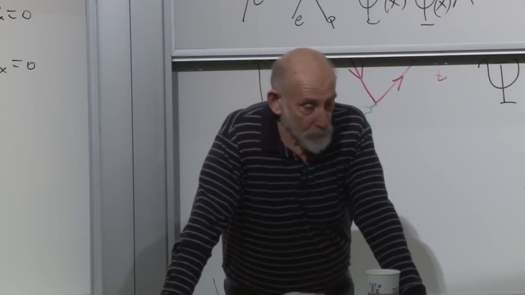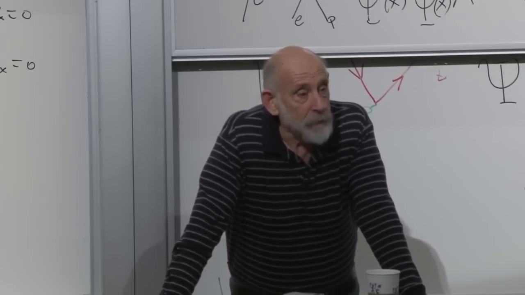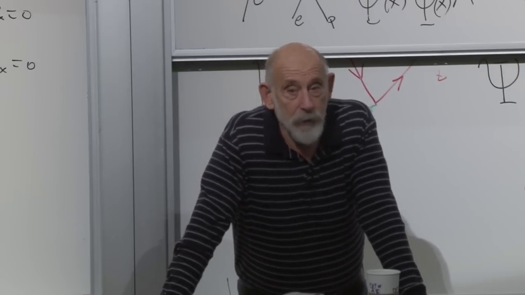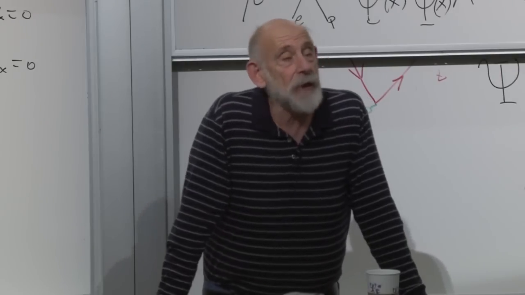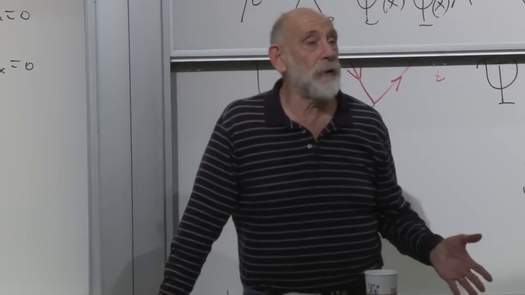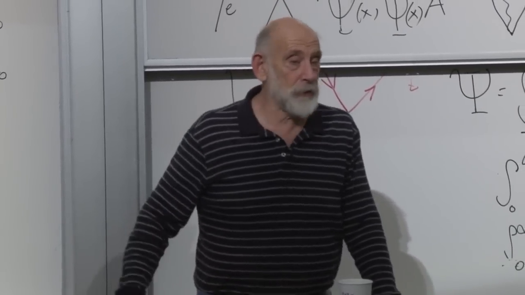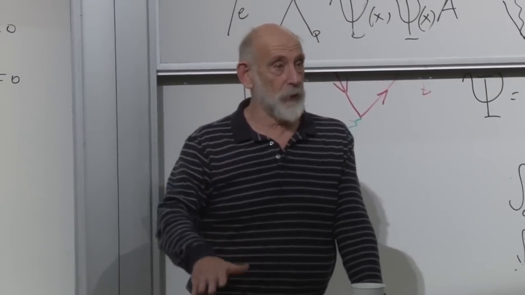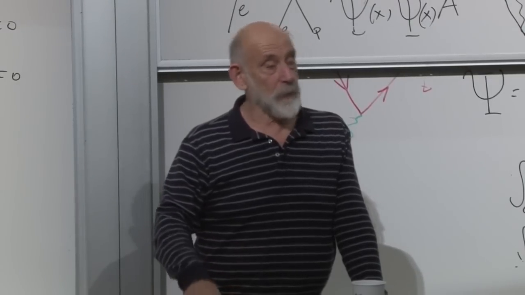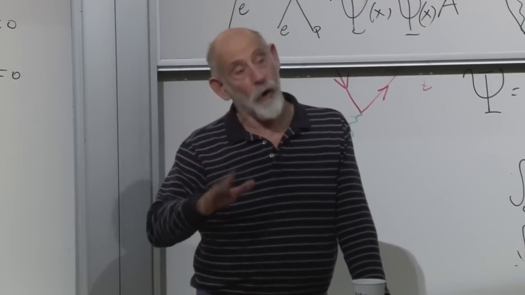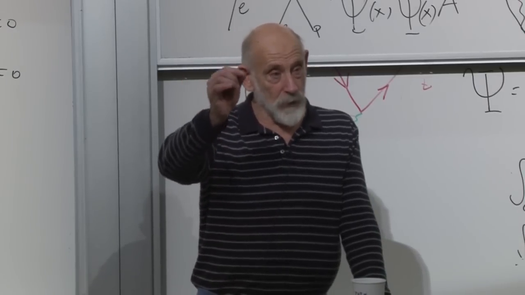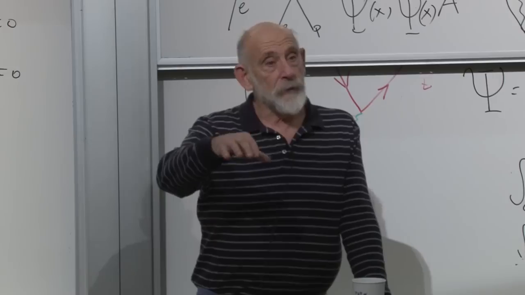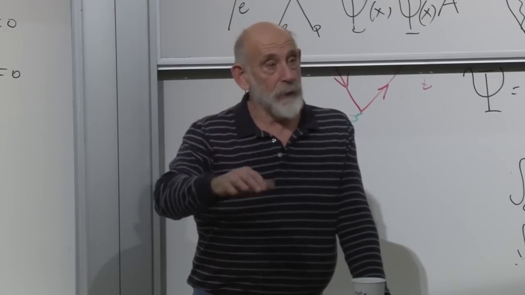You take an atom. The atom can decay, but let's take the ground state of the atom. Why can't the ground state of the atom decay by producing a photon? Well, because there's no energy level of the electron below that. It's got to produce a positive energy photon because there are only positive energy photons. So an electron in the lowest energy state can't decay any further because it's down at the bottom.